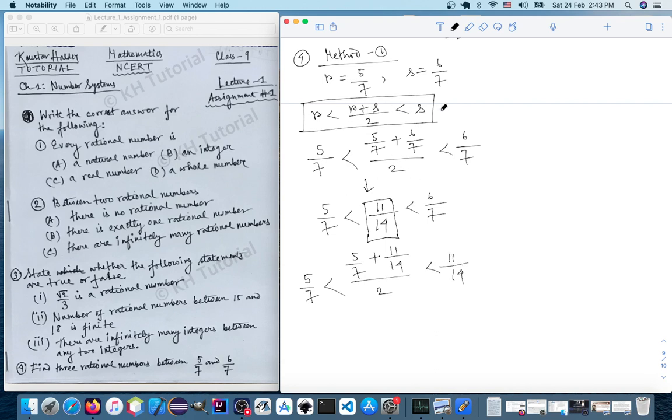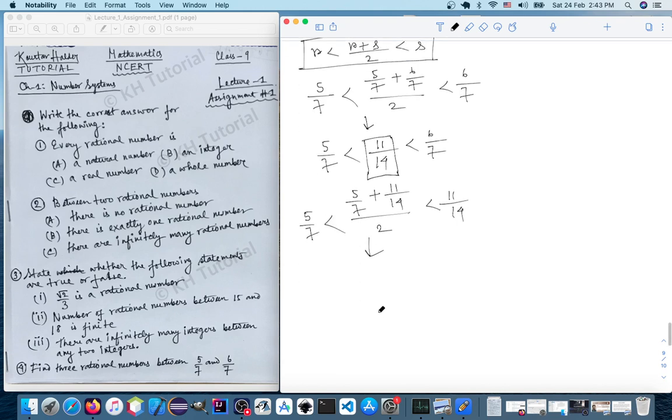So using this result, if we simplify the middle term, the new rational number, this becomes 10 plus 11 is 21 by 14, and then with this 2, 21 by 28. So we have found another rational number which lies between R and S.